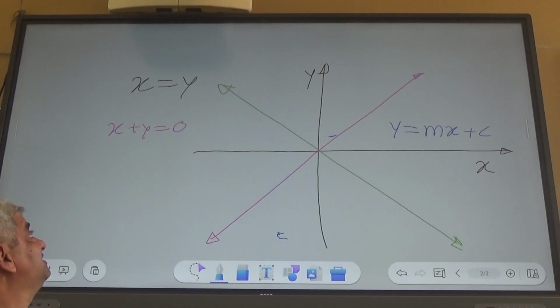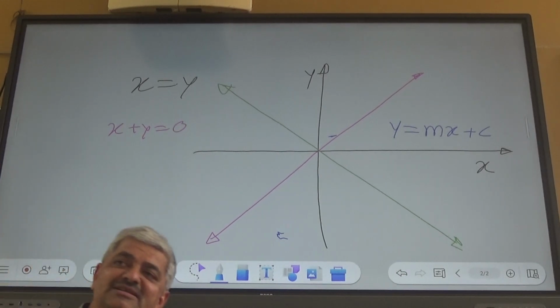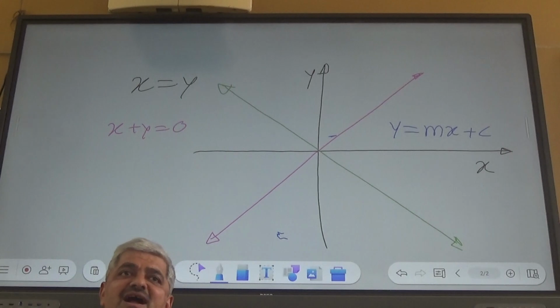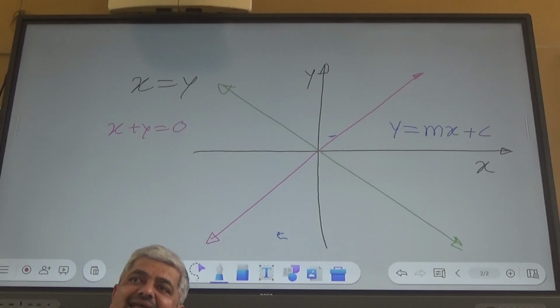Now x equal to y and x plus y equal to 0. What will these two represent? If you are smart enough, you will answer it. x plus y equal to 0 and x equal to y.